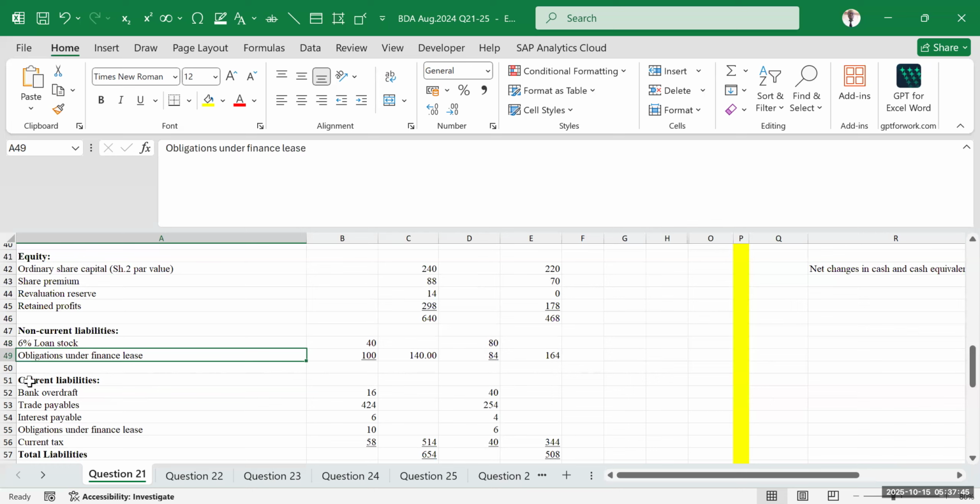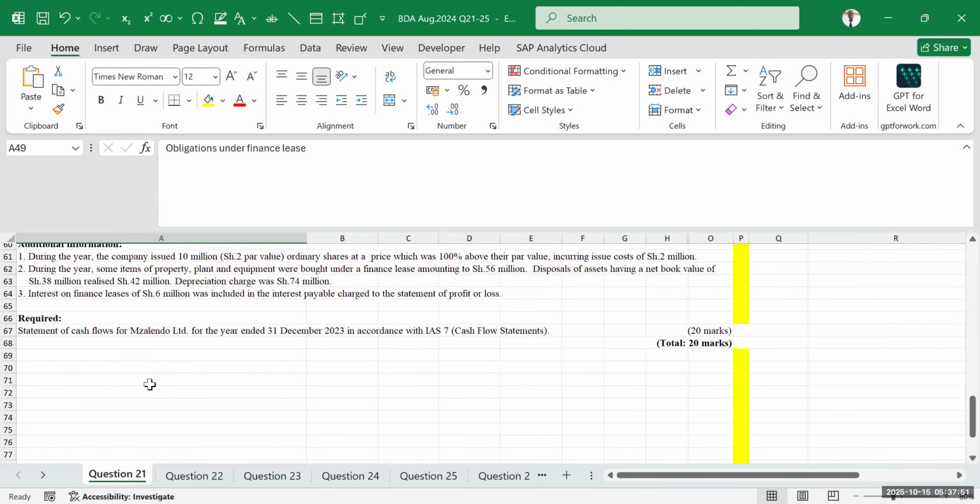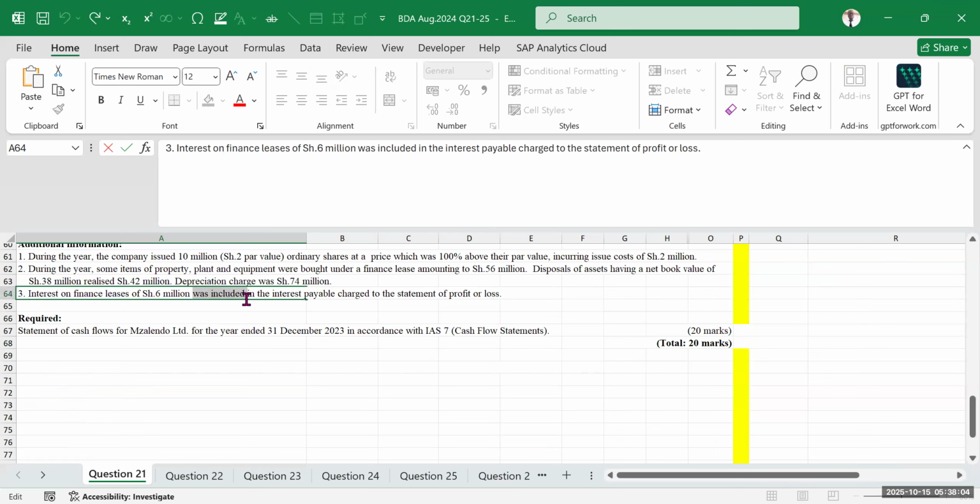So finance lease also attracts interest, the cost of lease. So if the examiner tells us that interest on finance lease of 6 million was included, this should be an adjustment. Using the words "was included" does not expressly mean it was already adjusted.